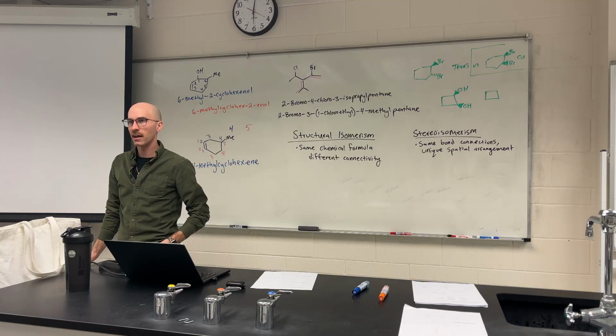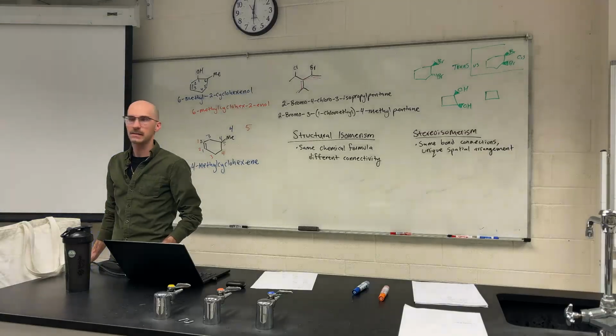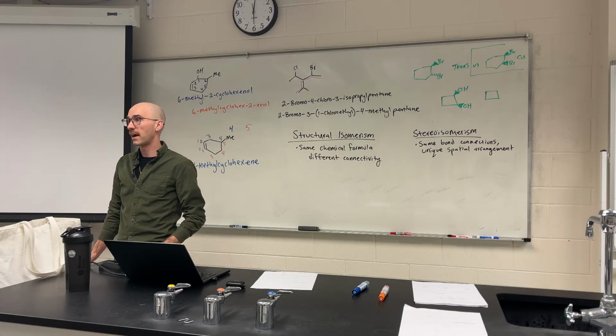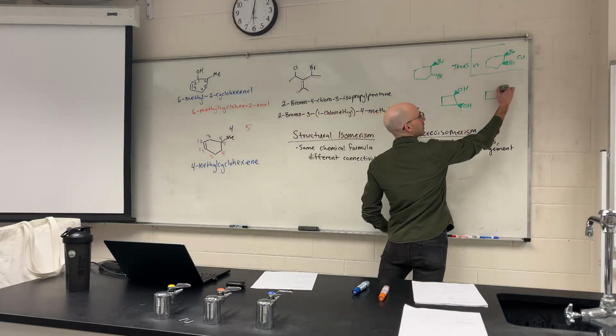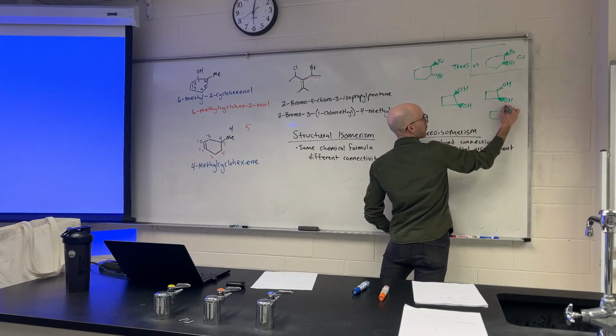If I drew both lines dashed, would that become a trans stereoisomer? No. The two groups stay on the same face. They're both dashed. So to get a trans stereoisomer, the top group can become dashed while the bottom stays wedged, or the top group becomes wedged while the bottom becomes dashed.